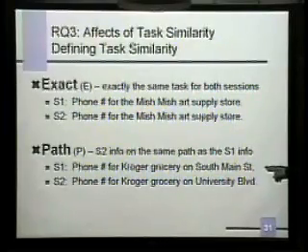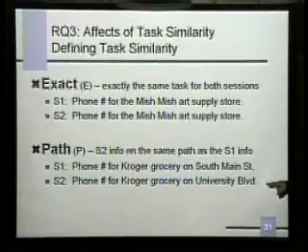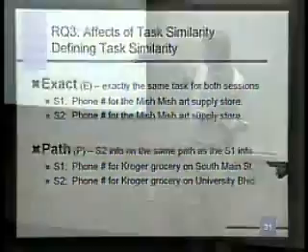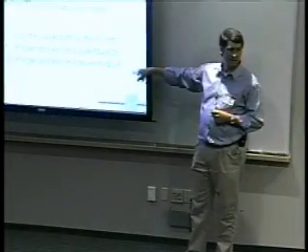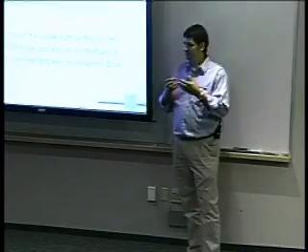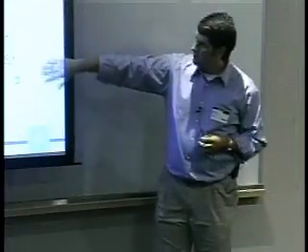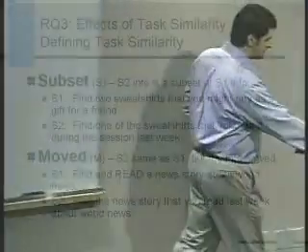There's a grocery store on Main Street, and there's another Kroger on University Boulevard. What if the first time I was trying to find the phone number for the one, and the second time for the other? Those pieces of information are in the same place, but it's just a little bit different. So we talk about those as path tasks.